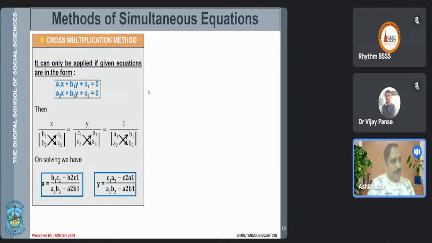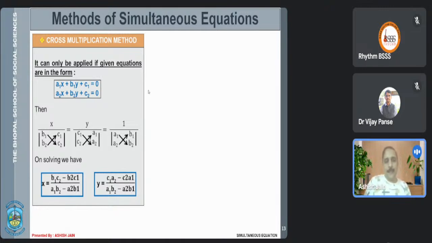Please, if you are noting it down, note whatever I have written. Do it along with me, it needs a little understanding. If the equation is not in this form, we have to arrange them in this order.